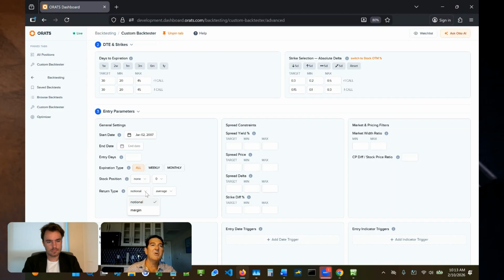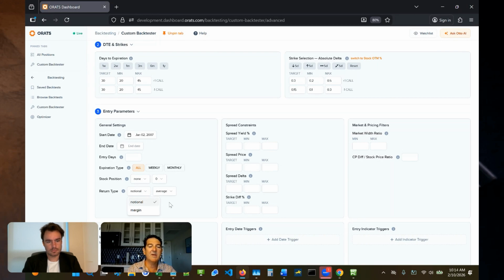If you use margin, the margin is a lot different for a short position. You're not using stock price as the divisor, you're using what the calculated margin is for it. So, there are some pretty complex margin requirements, especially if you're naked.